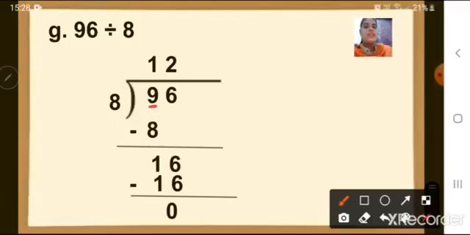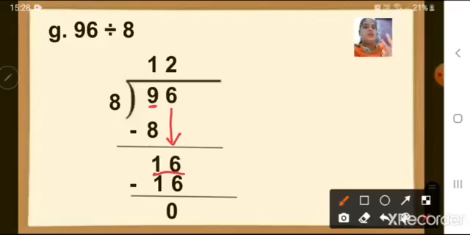Okay. Then we will subtract. 9 minus 8 is equal to 1. We'll write here number 1 here. Then the next number we will take down, which is number 6. And together here it will become 16. Now children, in 8's table will 16 go? Yes, it will go.